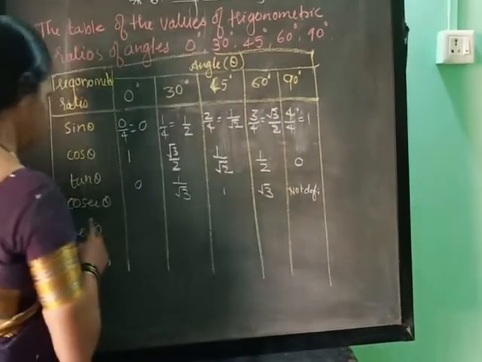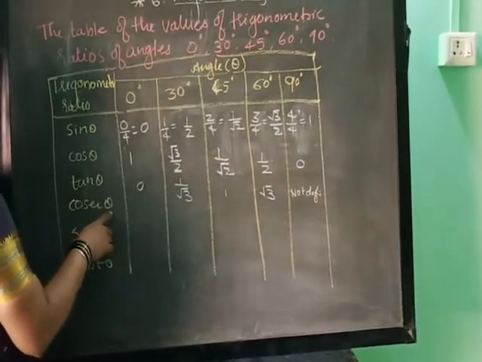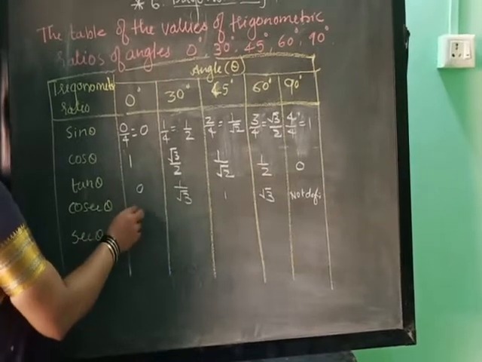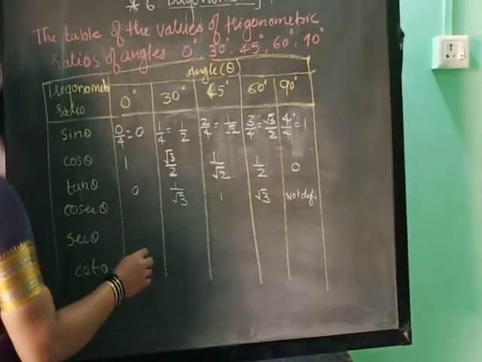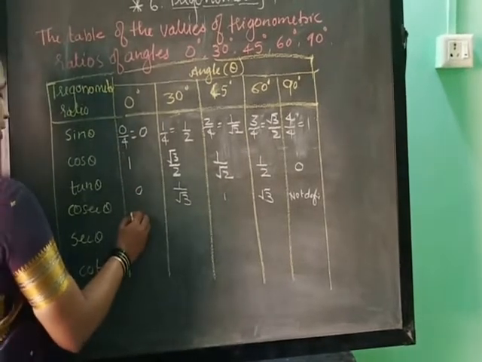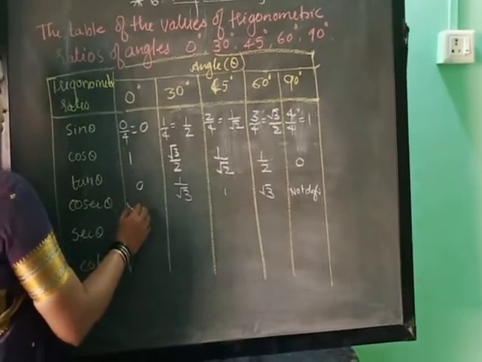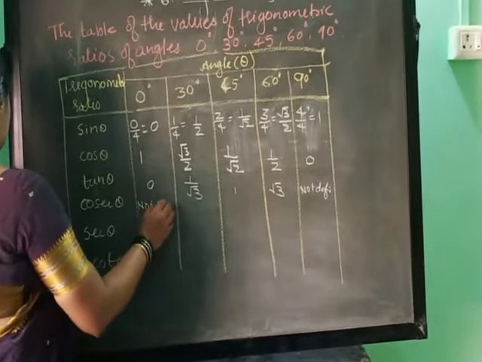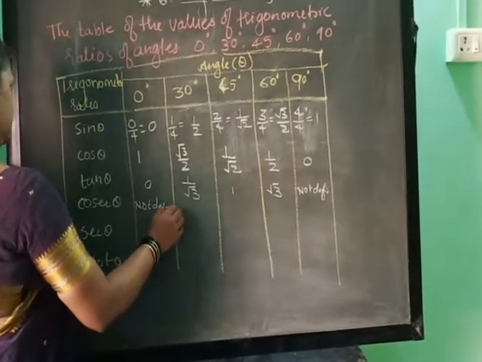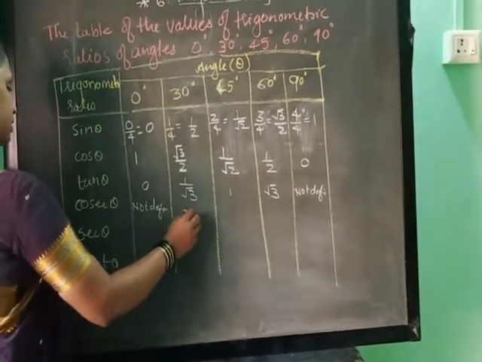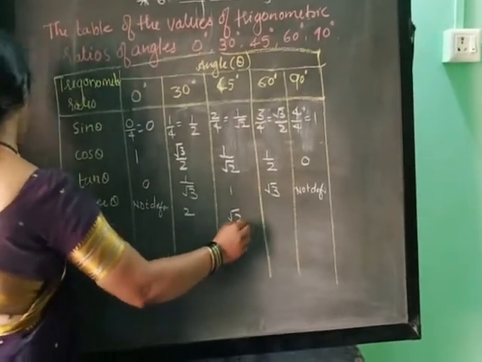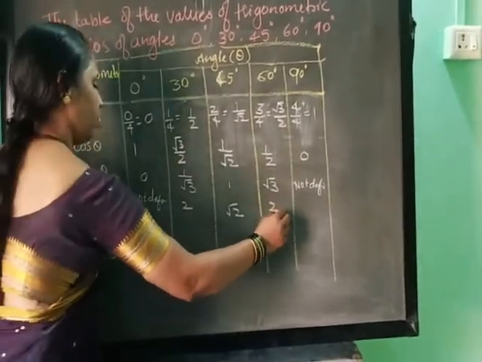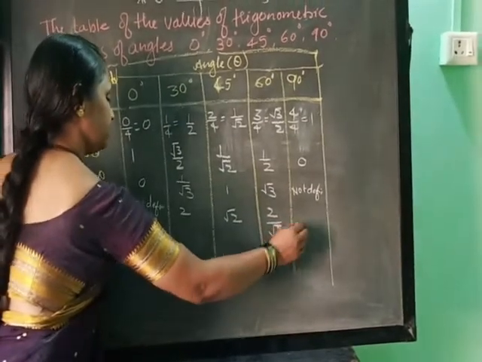In the same way, cosec theta we know is equal to 1 upon sin theta. Now sin 0 is 0, so it will be 1 upon 0, which is not defined. Then for 30 it is 2, for 45 it is root 2, then 2 upon root 3, and this is 1.